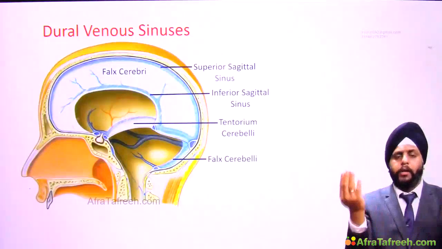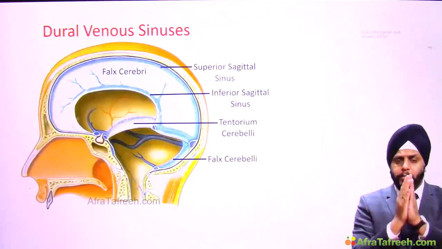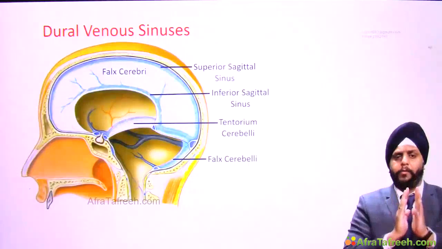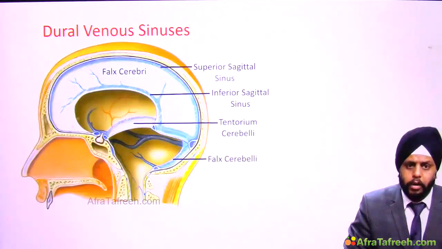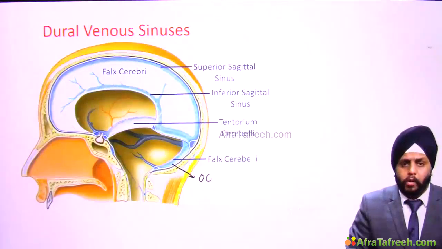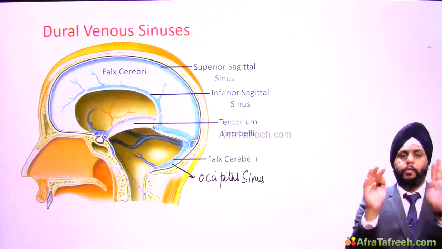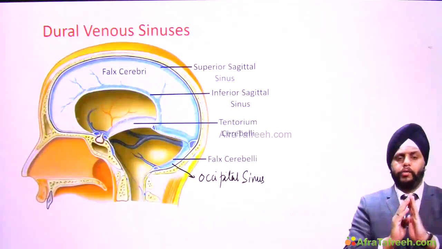Similarly, at the level of the cerebellum, between the two cerebellar hemispheres, there is formation of the falx cerebelli. Therefore another sinus is formed over here, known as the occipital sinus. So we have seen three sinuses: the superior sagittal sinus, the inferior sagittal sinus, and the occipital sinus.